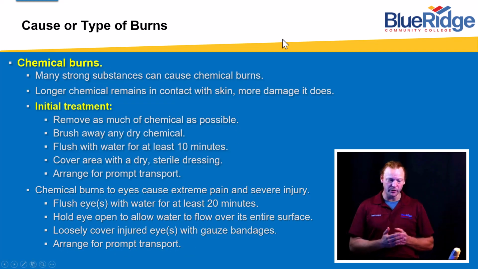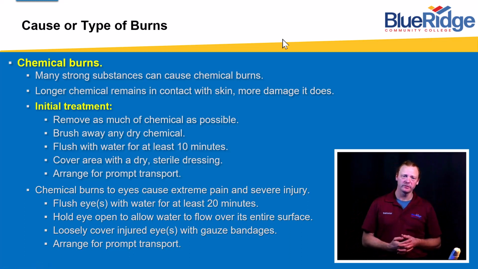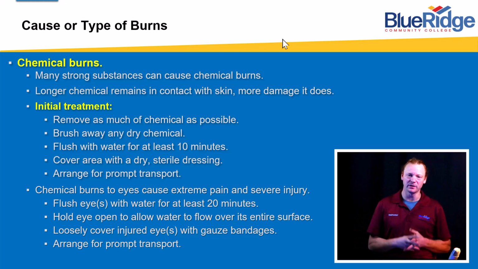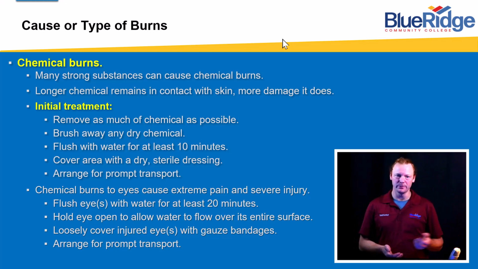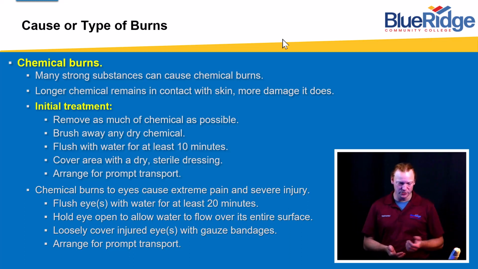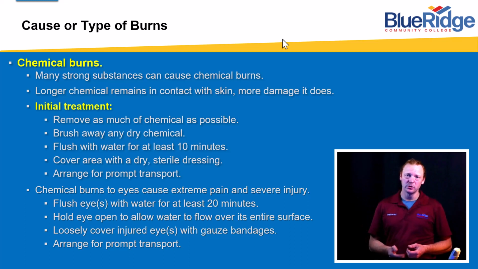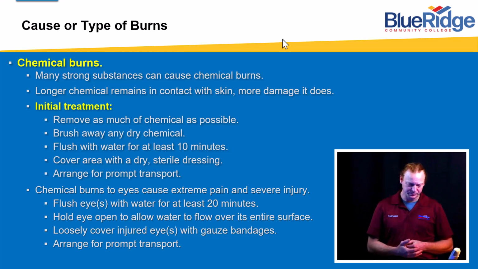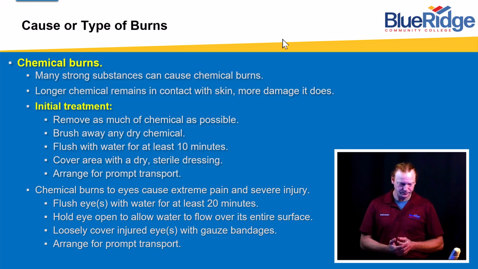Many strong substances can cause chemical burns. The longer the chemical remains in contact with the skin, the more damage it does, just like thermal burns and the heat. Initially, we want to remove as much chemical as possible. If it's a dry chemical, brush it away. We don't necessarily want to be washing it with water, especially if it's reactive to water.